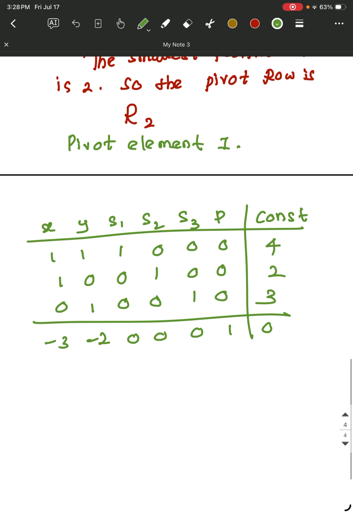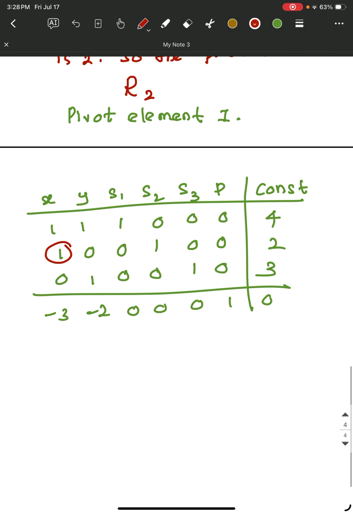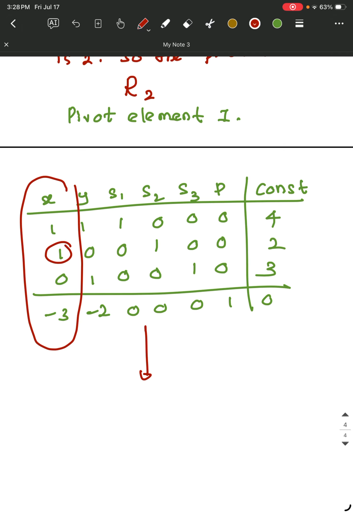The pivot entry here is this. Now we want to do the row operations to get all other entries in the pivot column equal to 0.